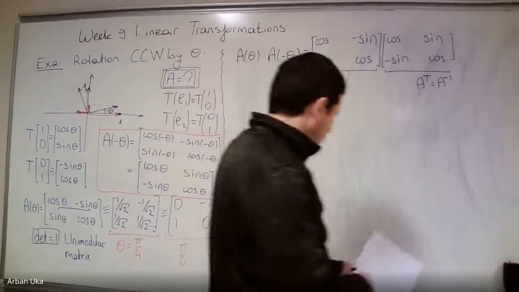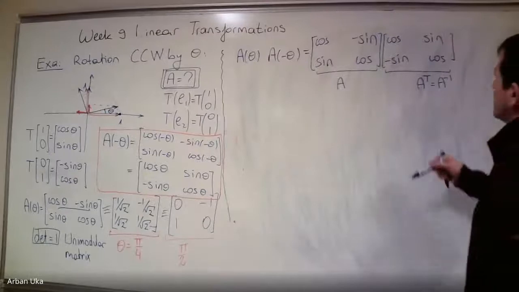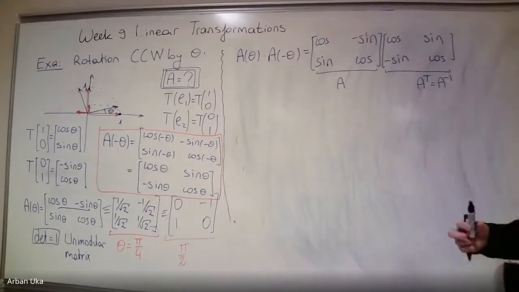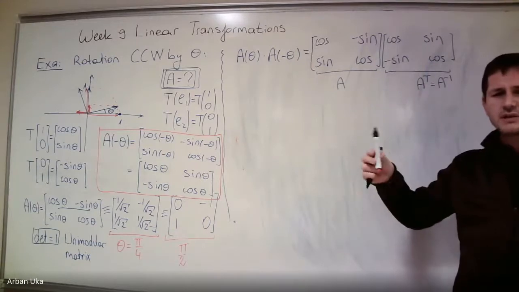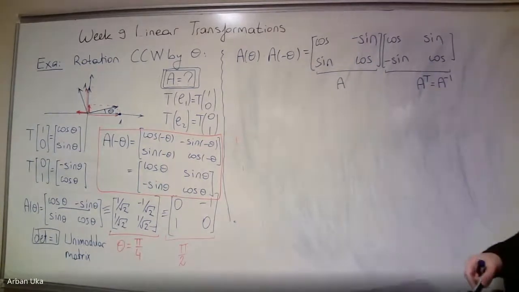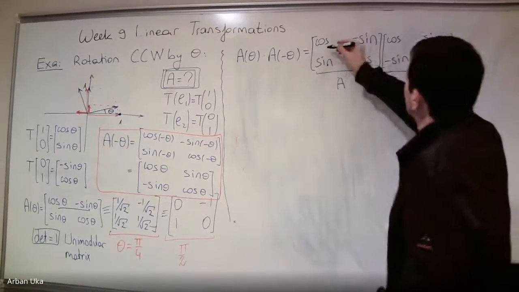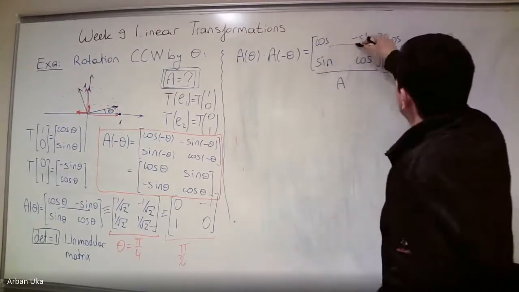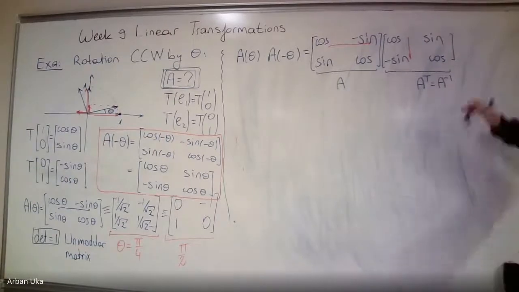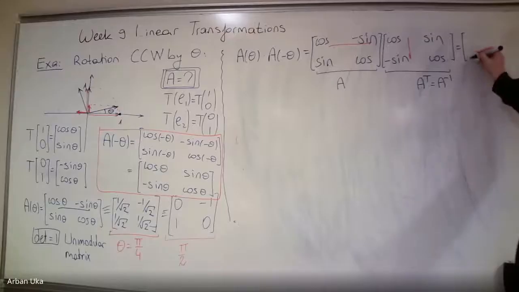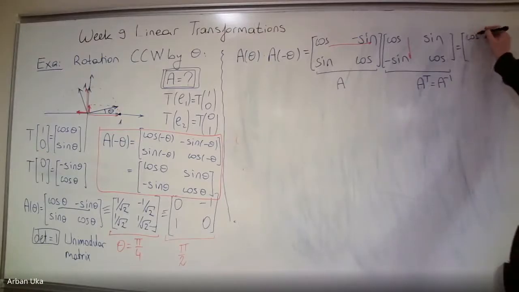But let's see now what we get if we multiply these. Well, we know that if we rotate something counterclockwise and then clockwise, we should get the identity matrix, but let's check what we get. So if we multiply the first row with the first column, what do we get? Cosine squared theta minus sine squared theta.